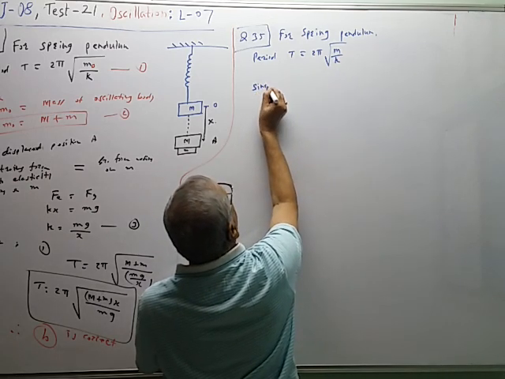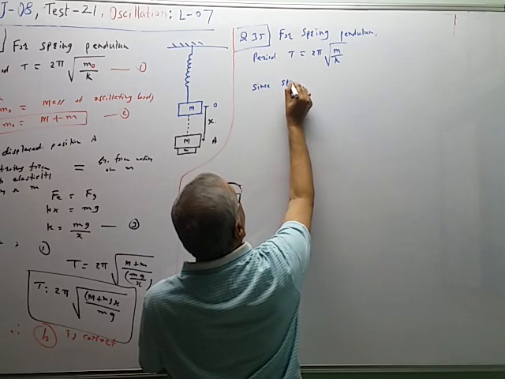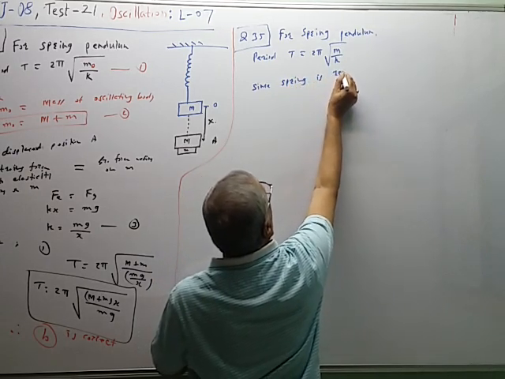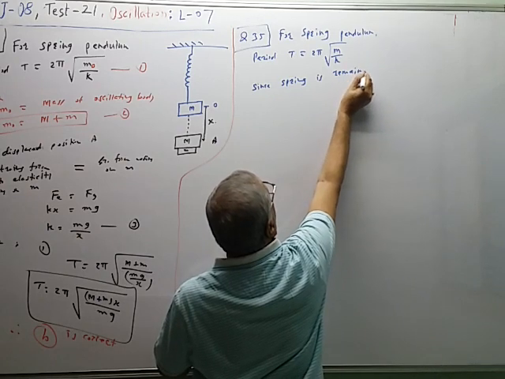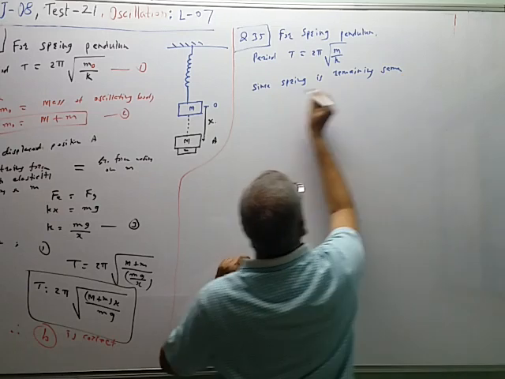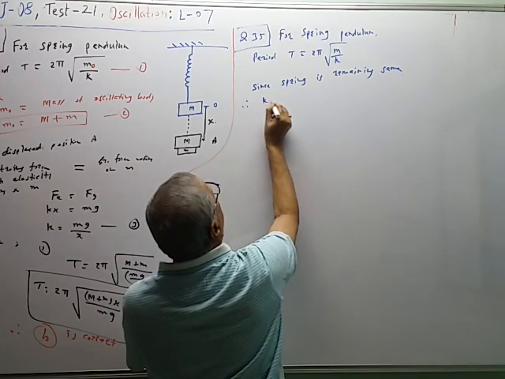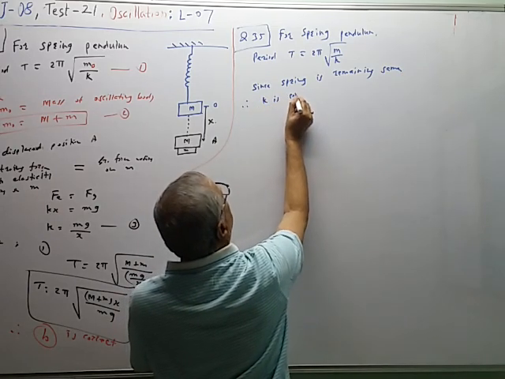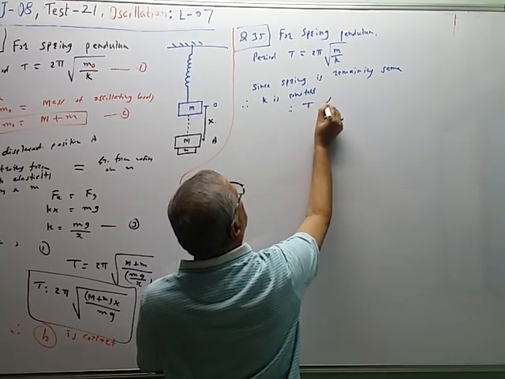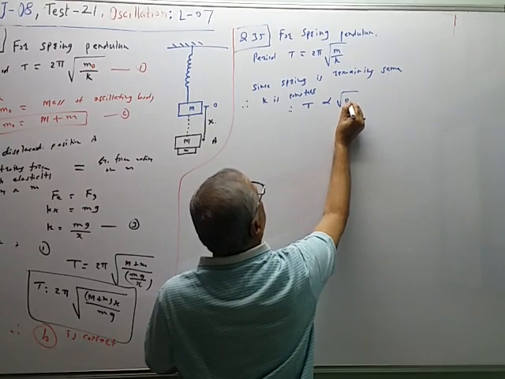Since spring is remaining same, therefore k is constant. Therefore, period is directly proportional to square root of m.